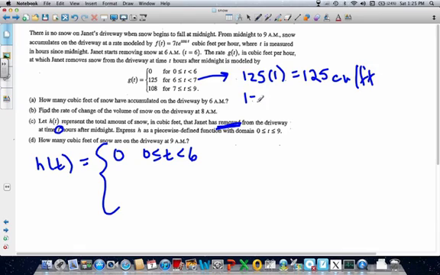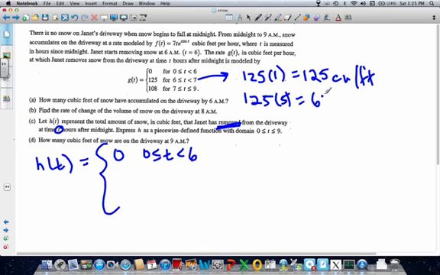If she keeps shoveling after a total of, let's say, 5 hours, that would be 125 times 5. Forgive me if I'm wrong, but I believe 125 times 5 is what? Sorry. Well, let's see. 125 times 4, that's half of 250 times 4, so that's 500.